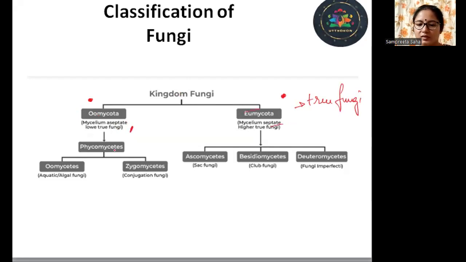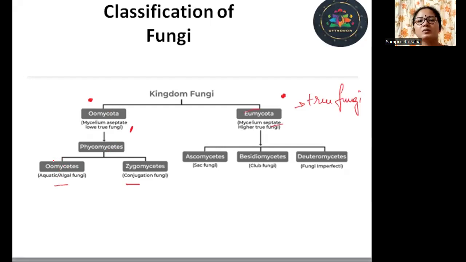Under Oomycota, we have Phycomycetes, which is divided into two groups, Oomycetes and Zygomycetes. This Oomycetes is often considered under the group of algae. They are not considered under the group of algae, but they exhibit characters which are more inclined towards the algal groups.